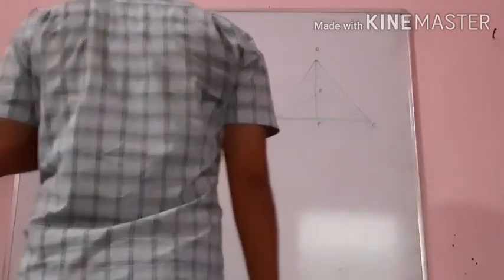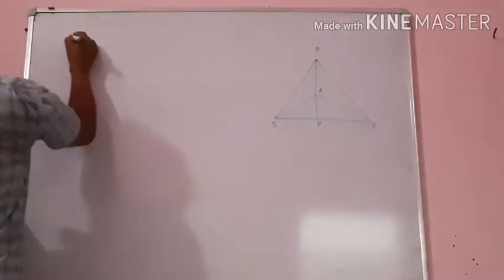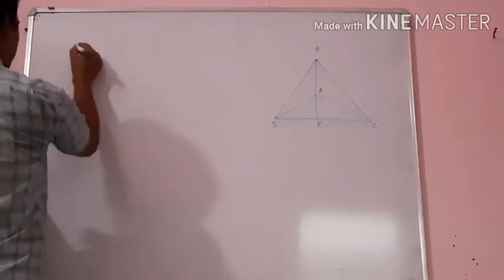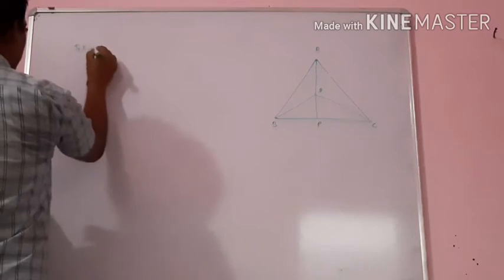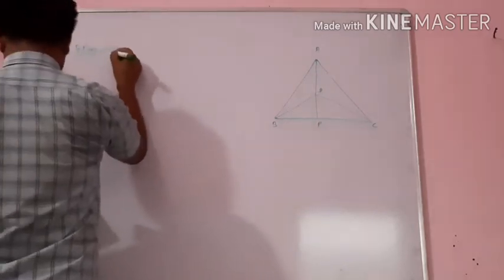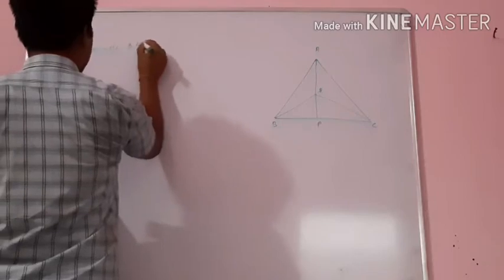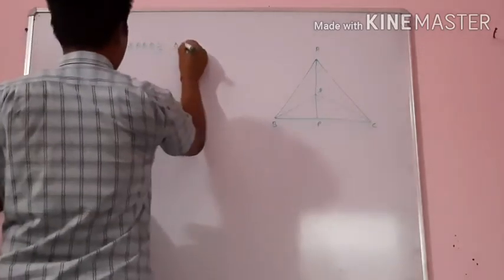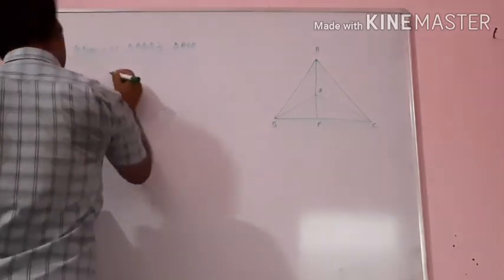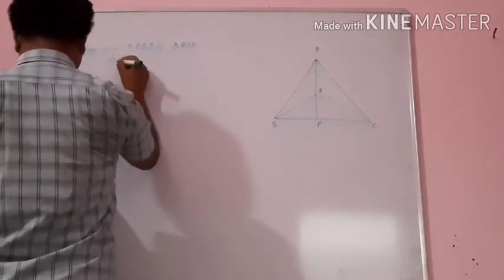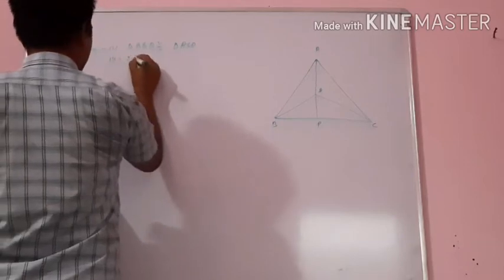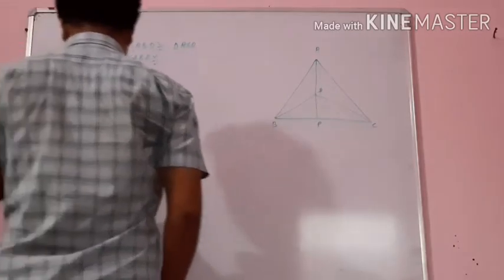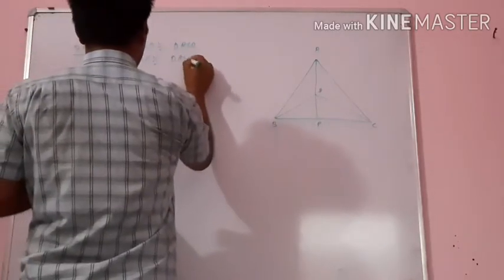Now, what do we have to prove? First, you write it. To prove: first, triangle ABD is congruent to triangle ACD. Second, triangle ABP is congruent to triangle ACP.